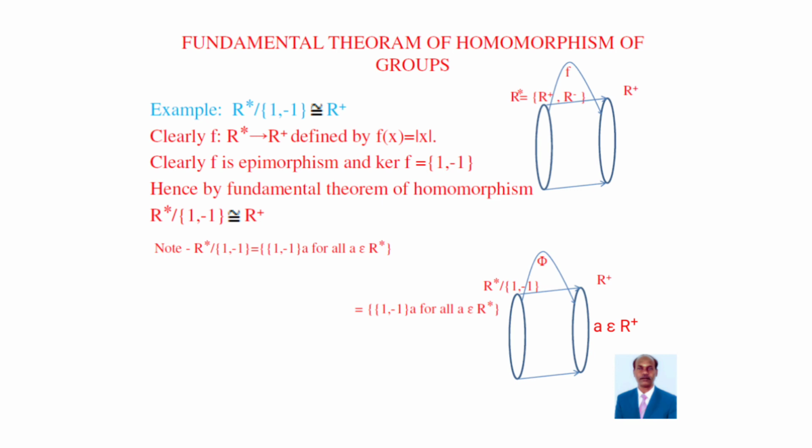So every element in the domain set has a separate image in the codomain set. At the same time, every element in the codomain set has a pre-image in the domain set, which satisfies one-one and onto, and it is also a homomorphism.